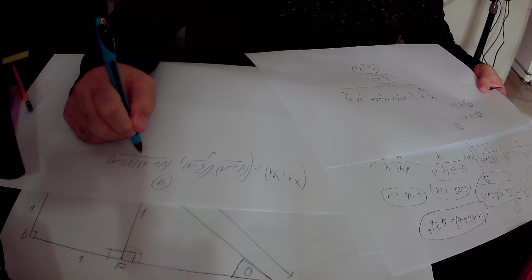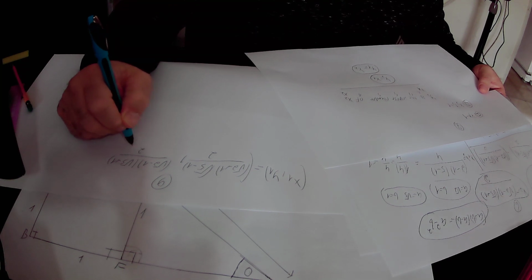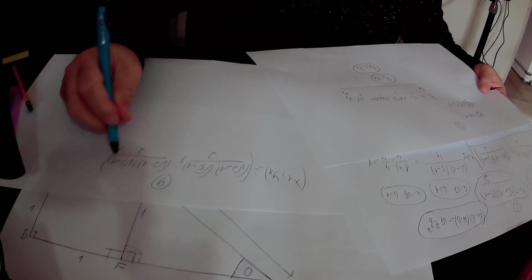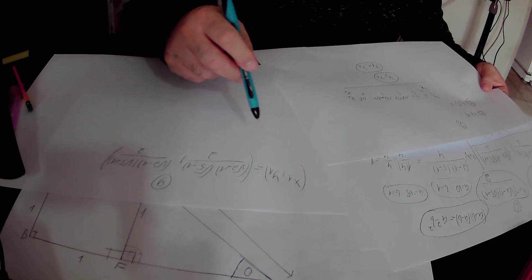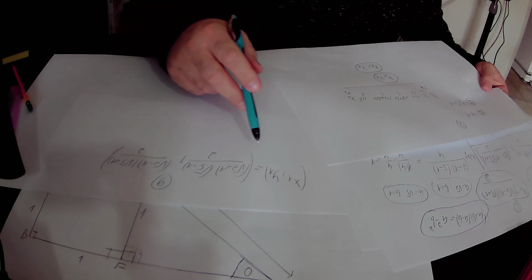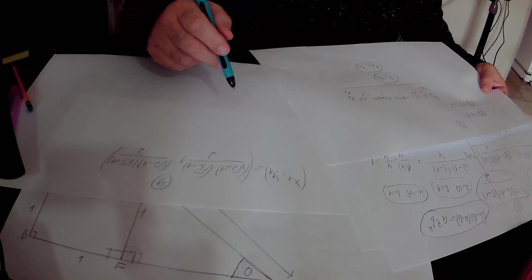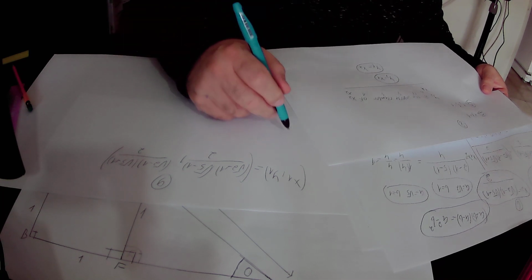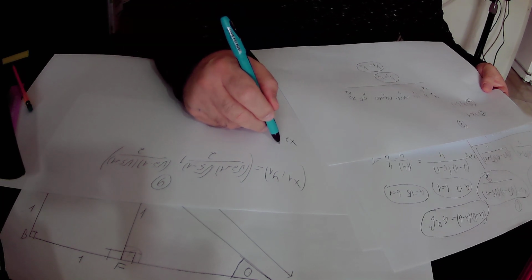This is the value of x2, and x2 equals y1. Therefore, x1 and y1 are those two expressions, and the second solution is x2 and y2.